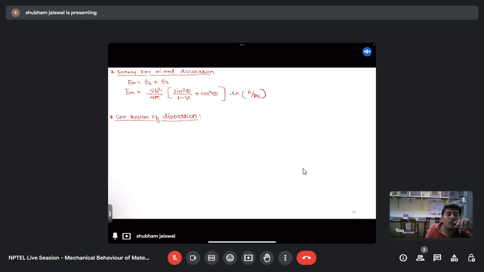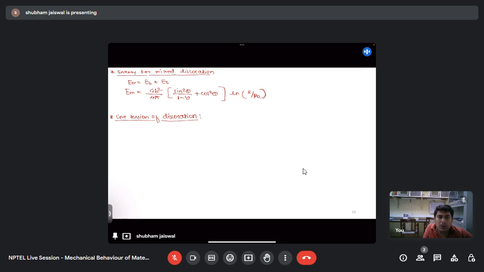If the dislocation energy is increasing, then any system will like to minimize that energy. Therefore there will be some force or tension which will disallow it from increasing.